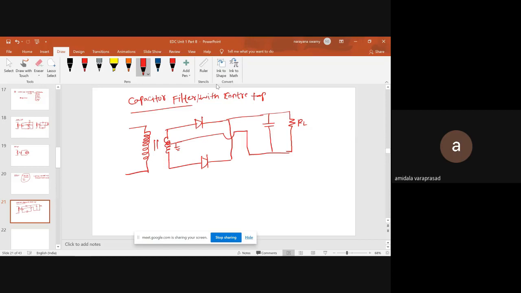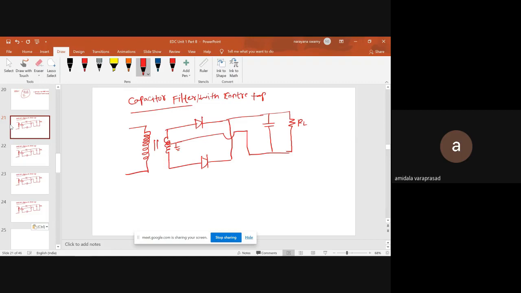This is the capacitive filter circuit diagram.